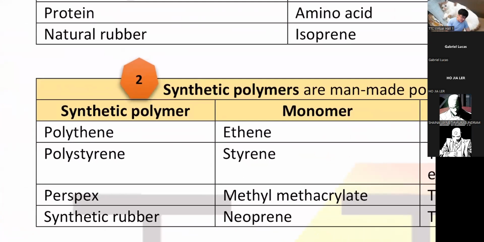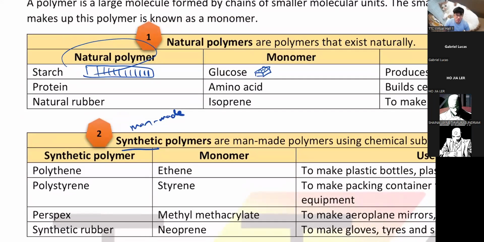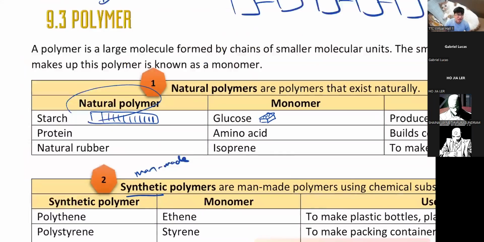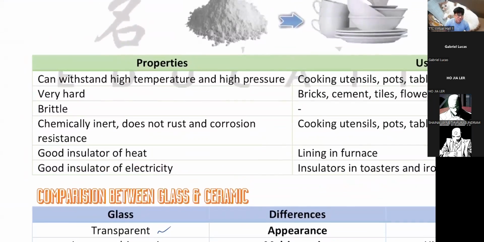What is synthetic? Synthetic means man-made. We only started making man-made polymer in the last 50 or 60 years. So your synthetic polymer is actually very new. Because if you go back to the 1920s, 1930s, if you were to buy a bottle of milk, they had to put it in a glass bottle.